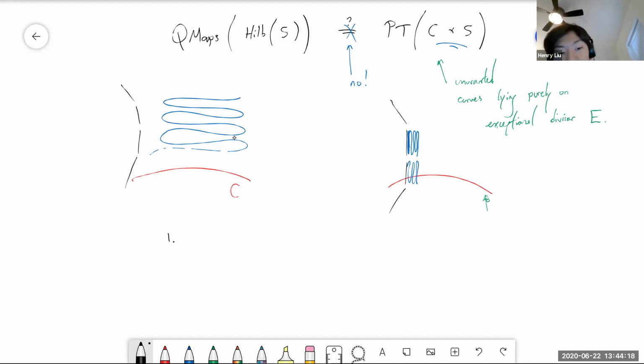You can take the vertex for PT and manually, algebraically remove the part which comes from PT curves which lie purely on the exceptional divisor.